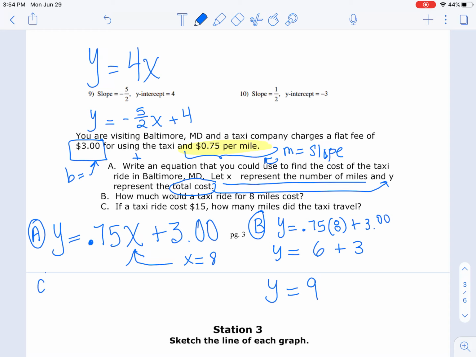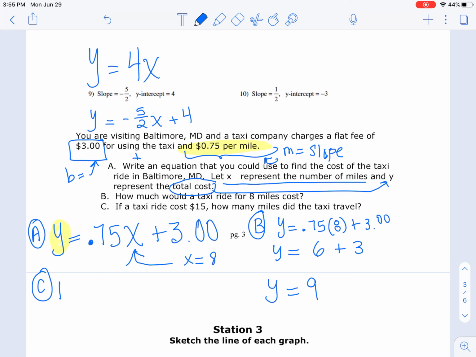And C, it says, if a taxi ride cost $15, how many miles did the taxi travel? So now, because we know that y represents the total cost, we can actually substitute that value in.